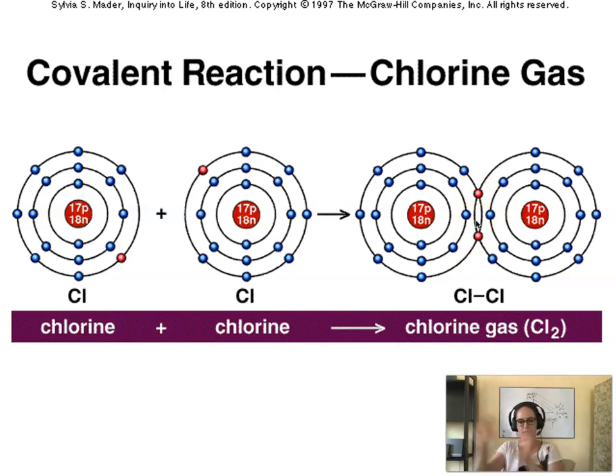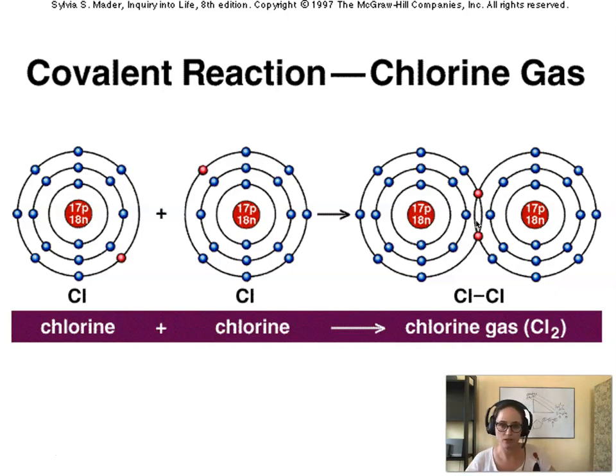So they might be over here, they might be over here at any given moment. But for both of these chlorine atoms, they're going to have what they consider to be a filled octet, a filled valence shell. So this makes them very happy.